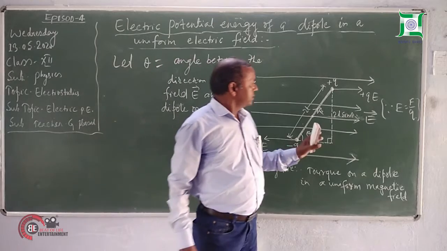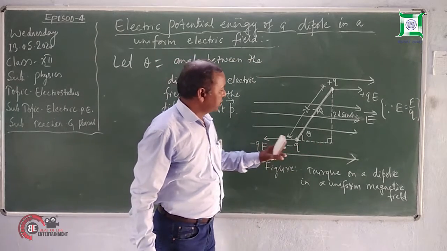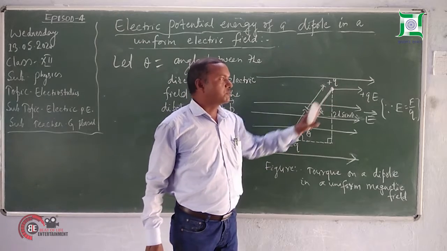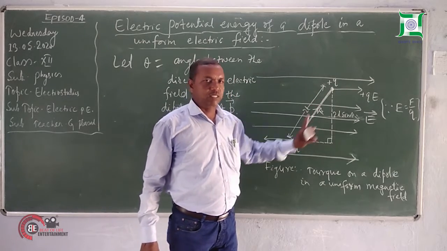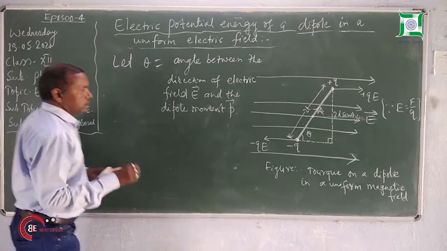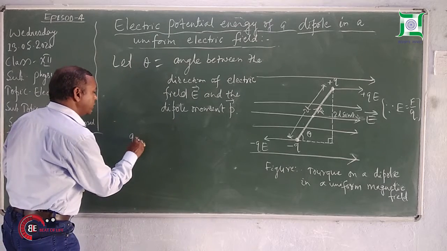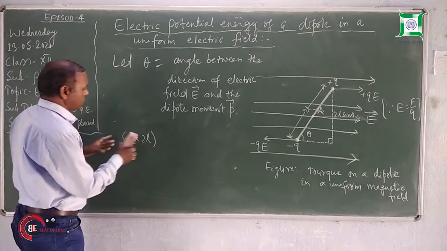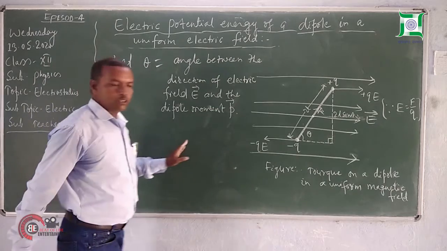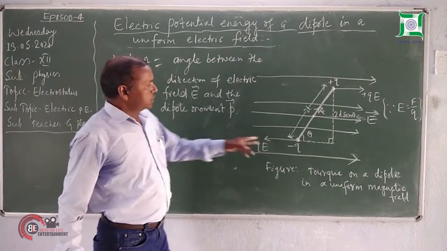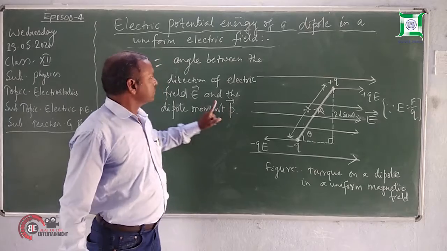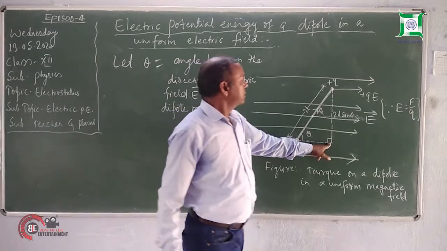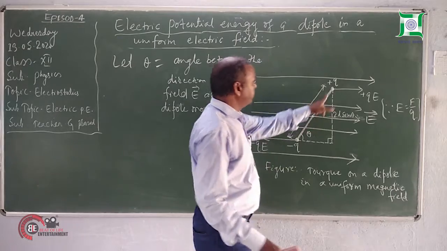Dipole moment is the product of the magnitude of any point charge of the dipole and the distance between the 2 point charges. It means the product of any point charge q into the distance 2l. It is the dipole moment. We have already discussed it in previous videos or classes. So this theta is the angle between the direction of electric field and dipole moment P.